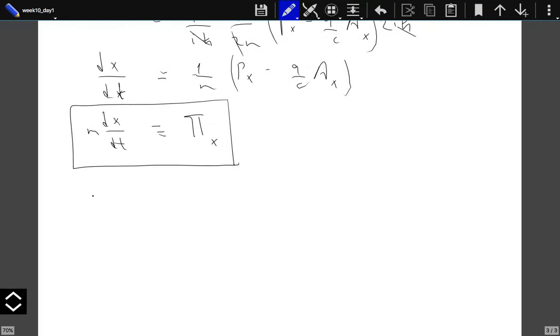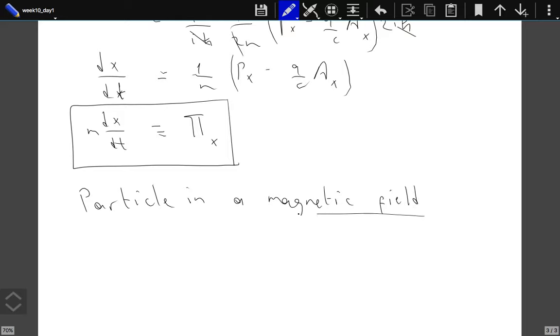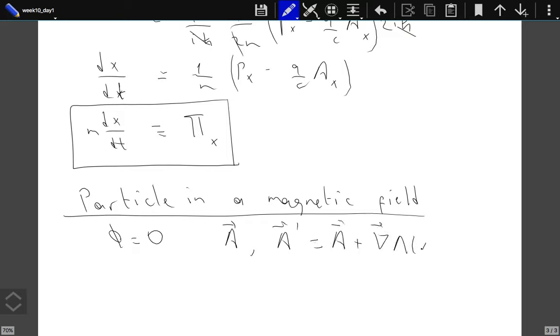Now, another thing we need to pay attention to is when we look at the particle in a magnetic field. Well, we can always choose phi to be 0. There is A. We have the gauge symmetry A prime, which can be written as A plus the gradient of some lambda, but it depends only on the position.